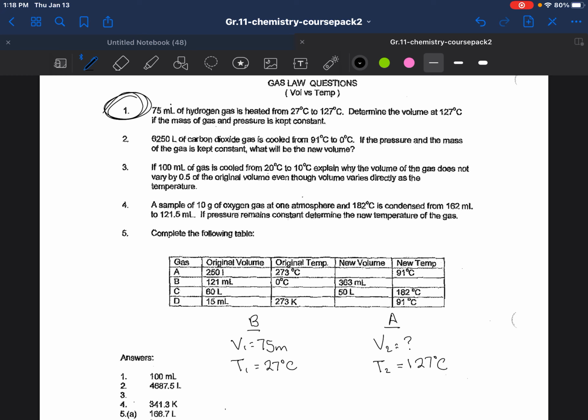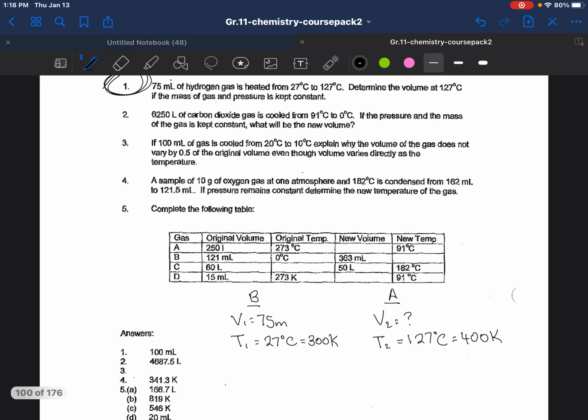Celsius is useless. You're going to have to change that to my good friend Kelvin. So 27 degrees Celsius is really just 300 Kelvin, and 127 degrees Celsius is 400 Kelvin. A lot of people tend to forget that, huh?